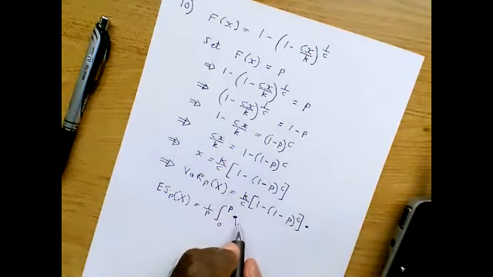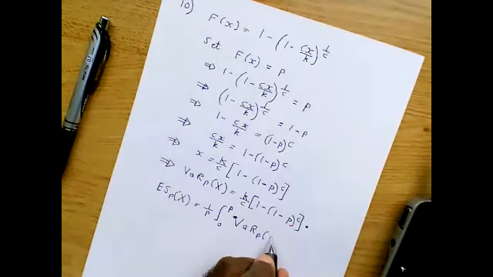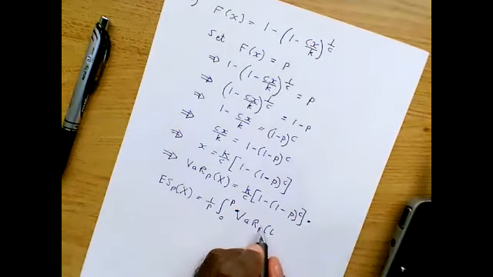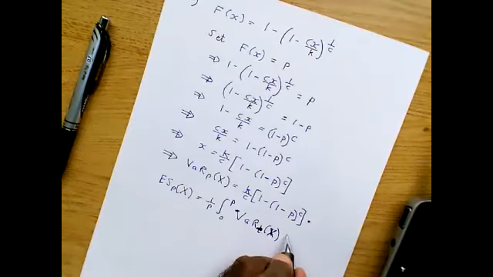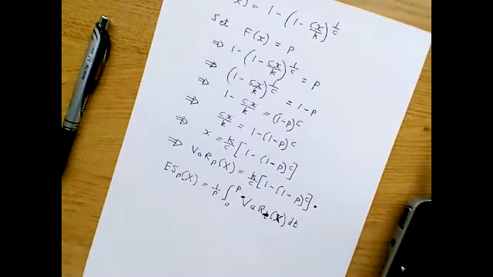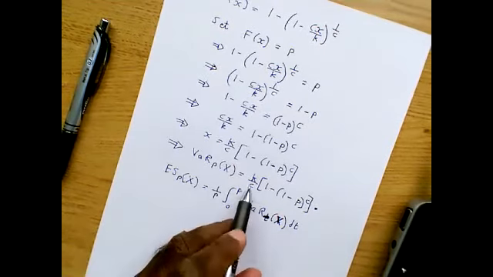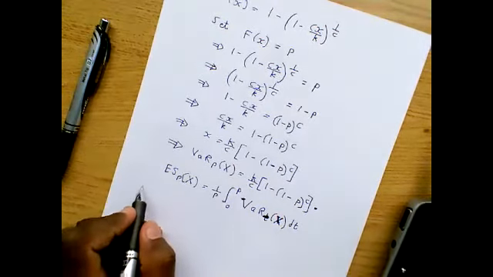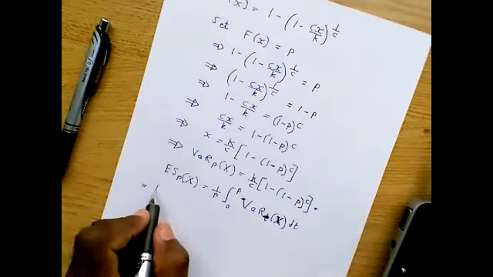The formula is VaR_t, this should be t, it should be x d2. So the k is a constant, c is a constant, so you can pull them outside.